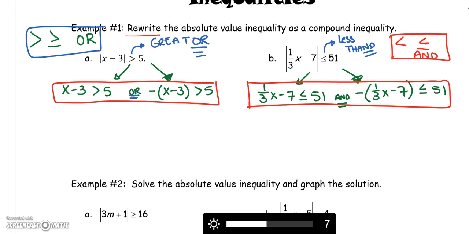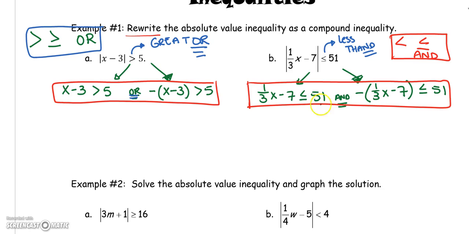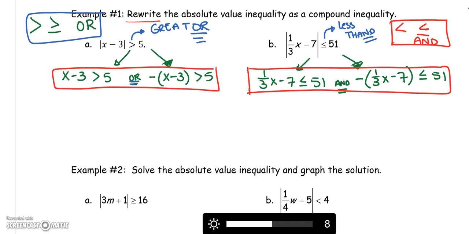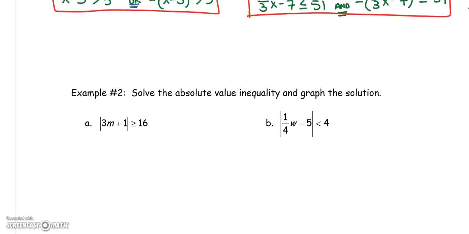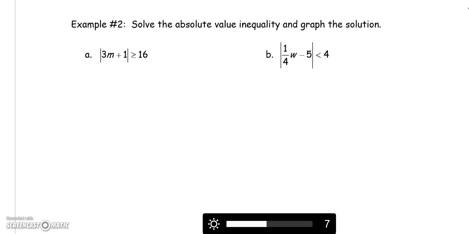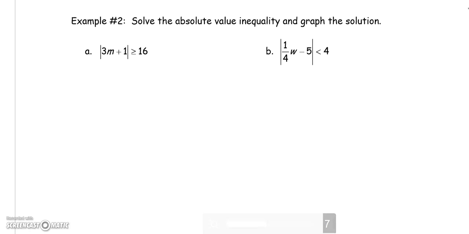Now in the next part, we're not only going to write these compound inequalities, but we're going to solve these inequalities and then graph the solutions. So this would be a complete set of problems that we would have to do. First thing I know is that this will split into two equations. Once again, since I don't know if 3m plus 1 is headed in the positive or negative direction, I must consider both cases.